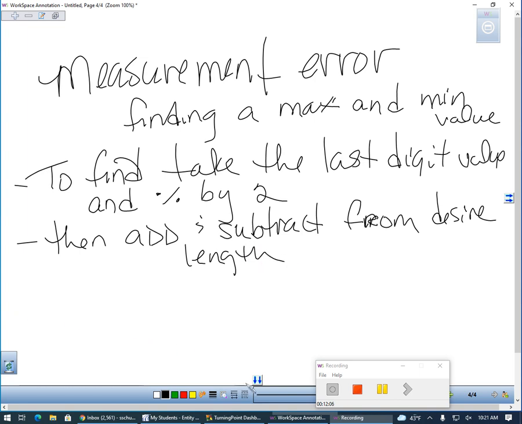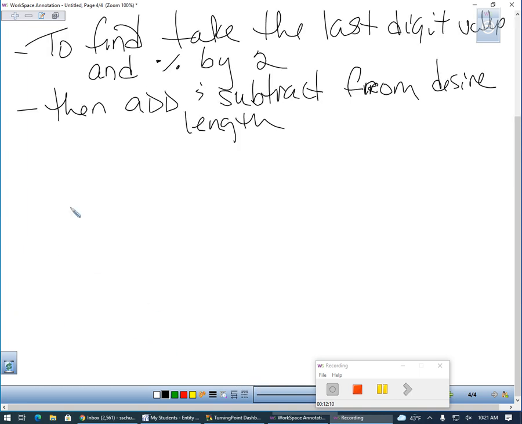Let's say I have something that is, I don't know, 162 inches. Okay? So first of all, my 2 falls in the 1 spot. Right? Everybody agree? 162, the smallest digit falls in the 1s. So I'm going to take 1, divide by 2, and it equals 0.5.